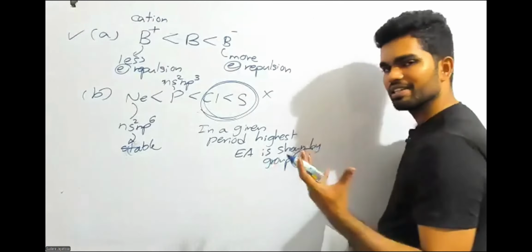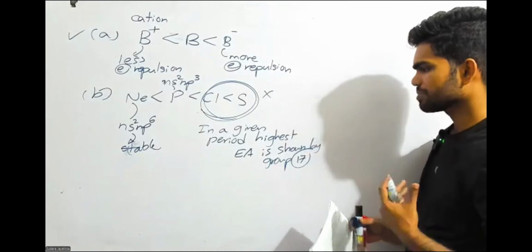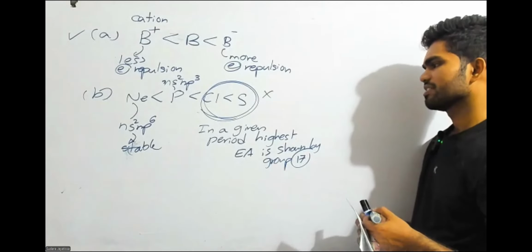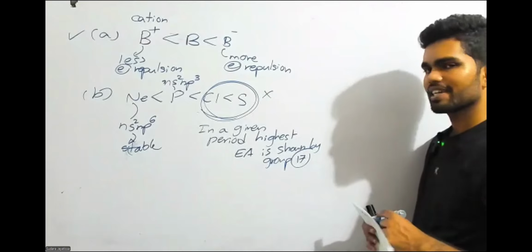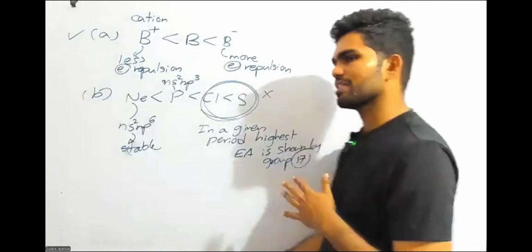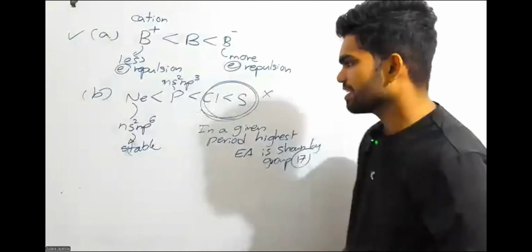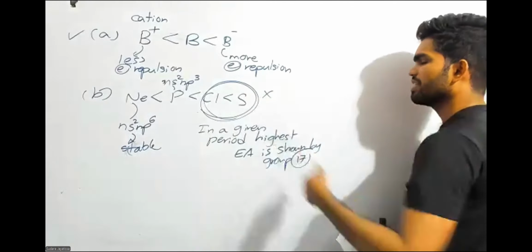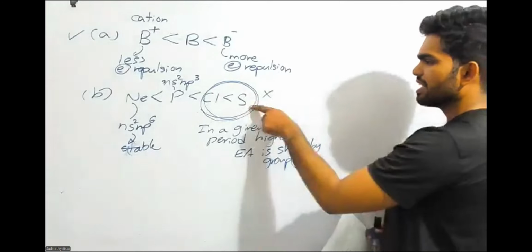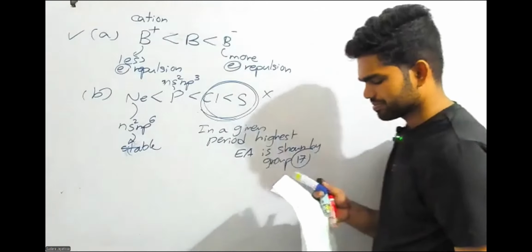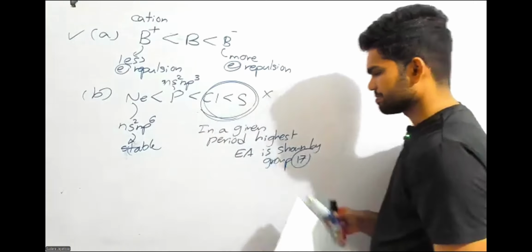It is the smaller one with good nuclear attraction, right? So in each period, let's say in the second period, chlorine has the highest electron affinity. Third period, chlorine has the highest electron affinity, like that. So Cl obviously will have a higher electron affinity than sulfur, which is in the same period, right? So B is wrong. B is wrong.